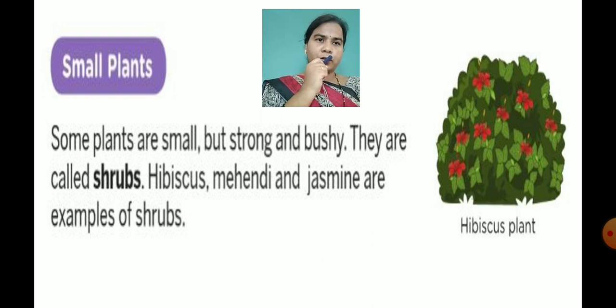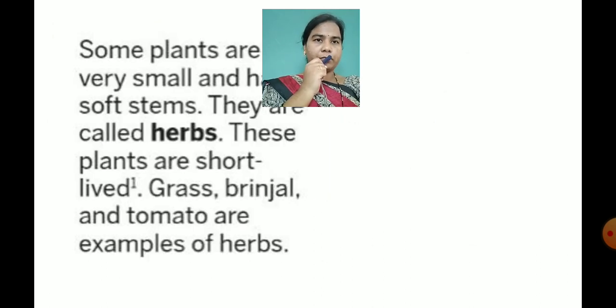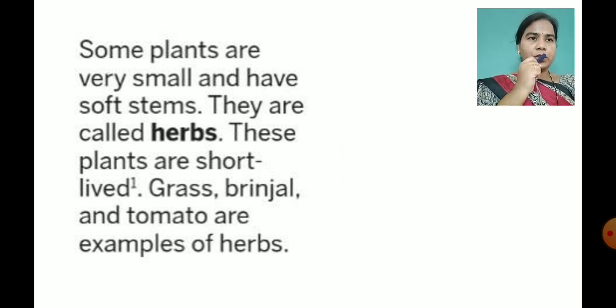So what is meant by shrubs, children? Plants which are small but strong and bushy are called shrubs. Examples are hibiscus, mehndi and jasmine. Getting? Now next one, children.